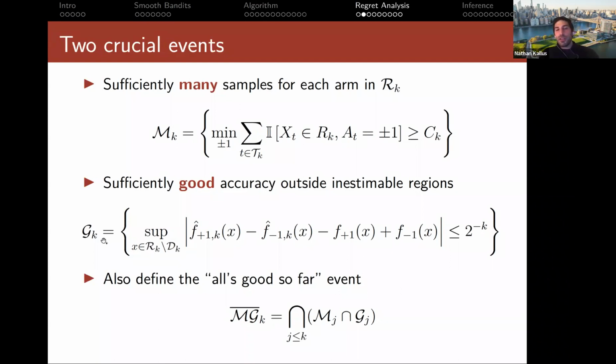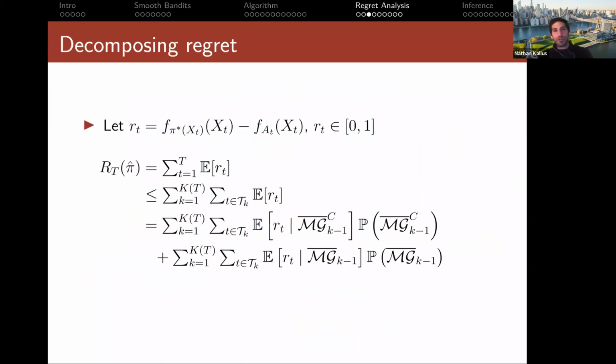Okay, so we know that GK should hold with high probability just by invoking essentially a uniform law of large numbers. Then, using these 2 events, we're going to decompose our regret and then bound it. We're also going to define the everything-is-good-so-far event, MGK bar, which says that up to epoch K, both many and good held. And then we're going to use it to decompose the regret as follows.